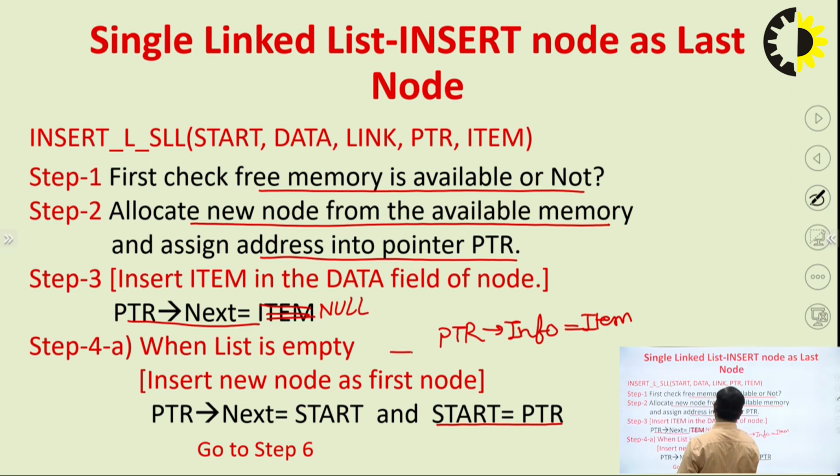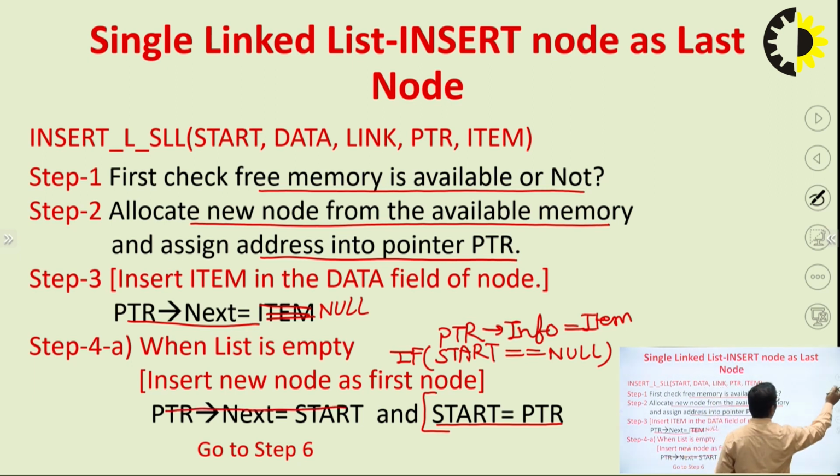When the list is empty, if start equals to null, then you simply have to use start equals to PTR. No need of this code because it is repeating.